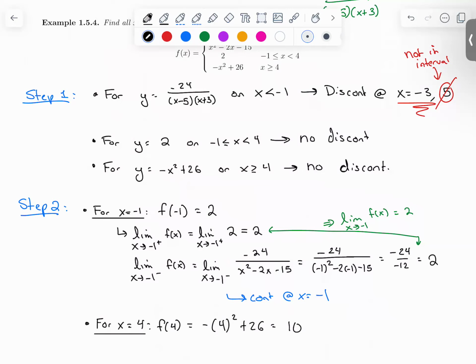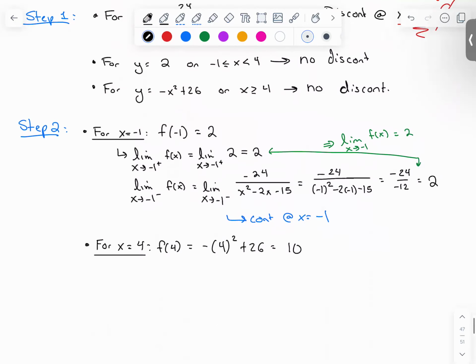So the function exists. That's not enough, though. You need the function to exist, the limit to exist, and then to be equal in order to have continuity. So now we'll check the limits. The limit as x approaches 4 from the right of f of x would equal the limit as x approaches 4 from the right of that same function.